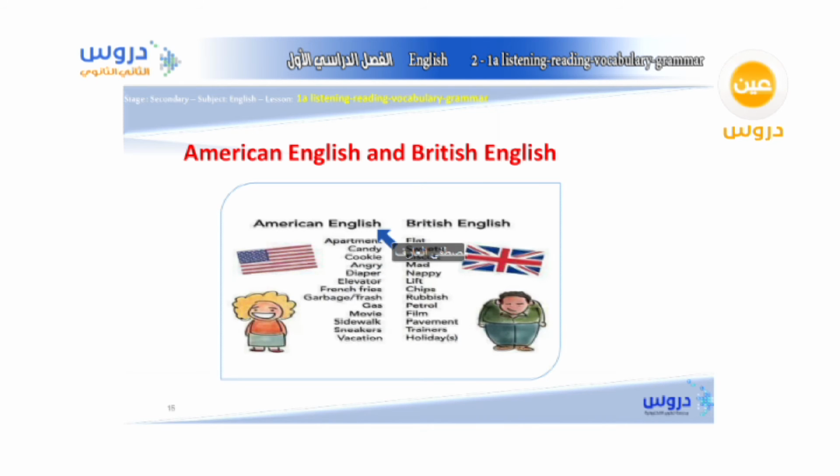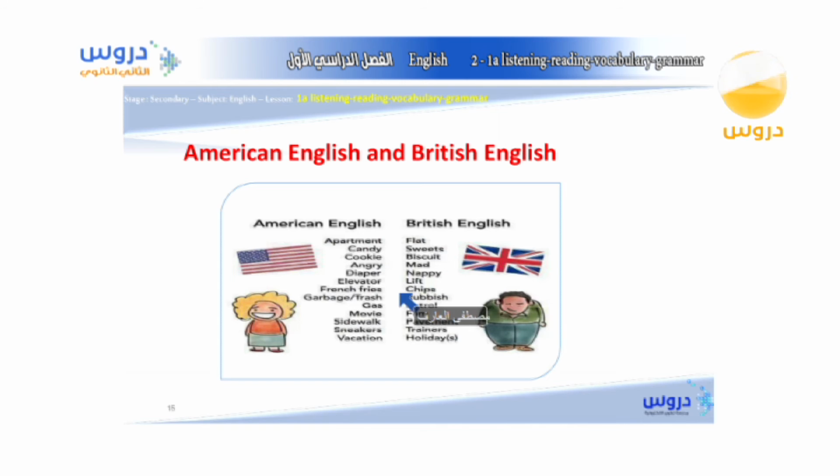So Americans, or American English, say apartment, candy, cookie, angry, diaper, elevator, french fries, garbage or trash, gas, movie, sidewalk, sneakers, and vacation. British English, they say, instead of apartment, they say flat. For candy, they say sweets. They say cookie for biscuit.